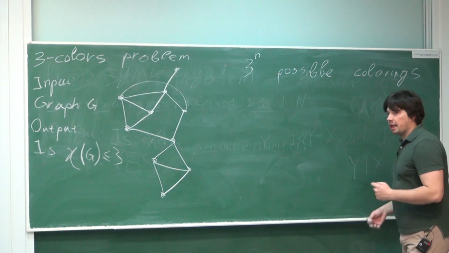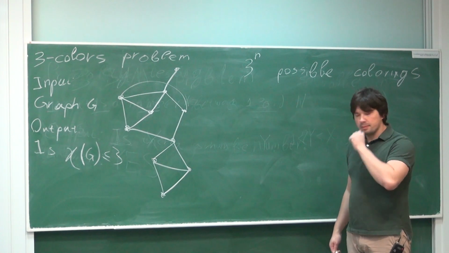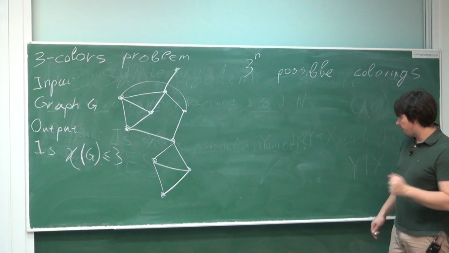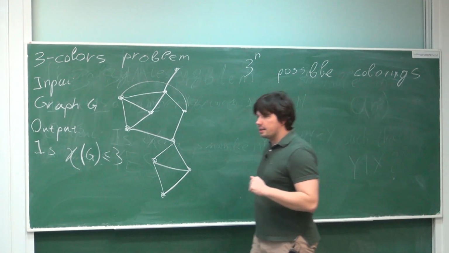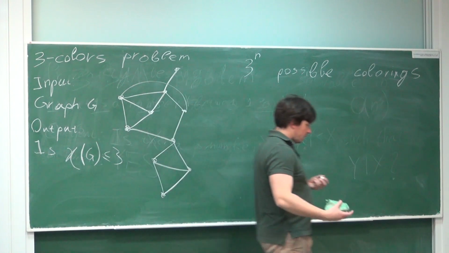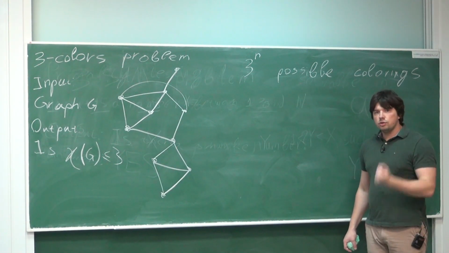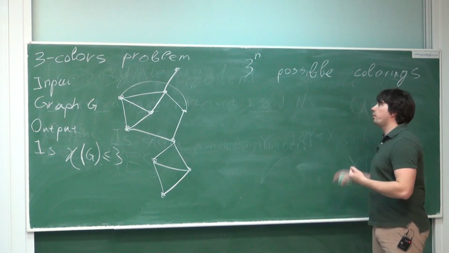The question is, can we do better, right? And the answer is yes, we could. So how about we do a 2 to the n algorithm rather than 3 to the n.